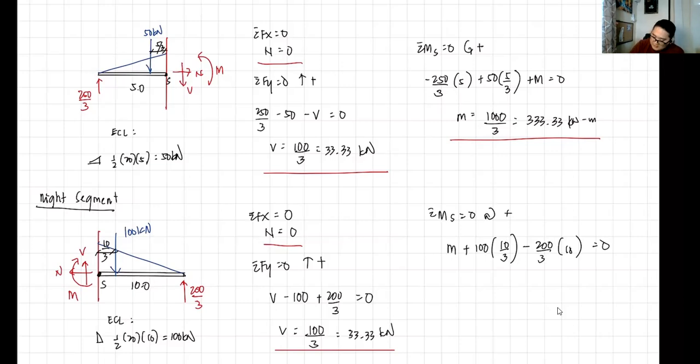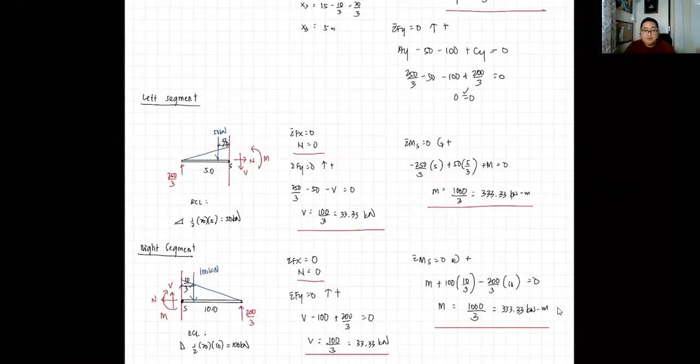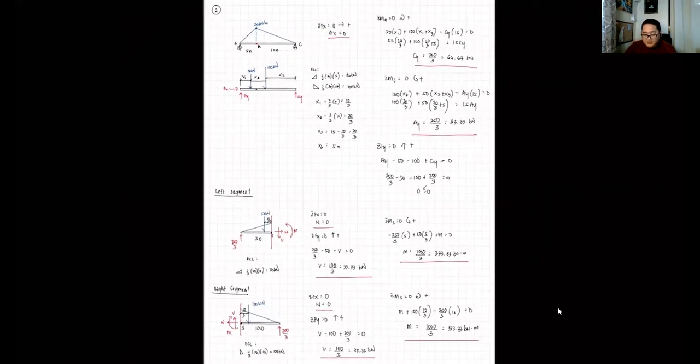That is M or negative 1,000 over 3. So transpose magiging positive. M equals 333.33 kilonewton meter, which is the same value calculated para dun sa ating left segment. Okay? So this will be our answers supposedly dun sa ating examination for prelim.